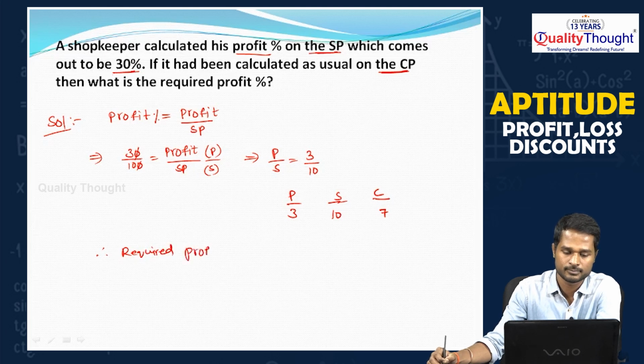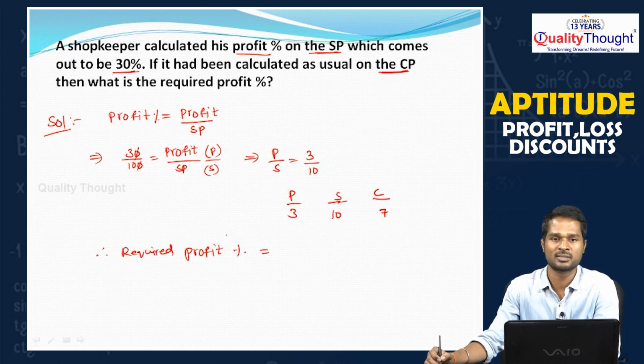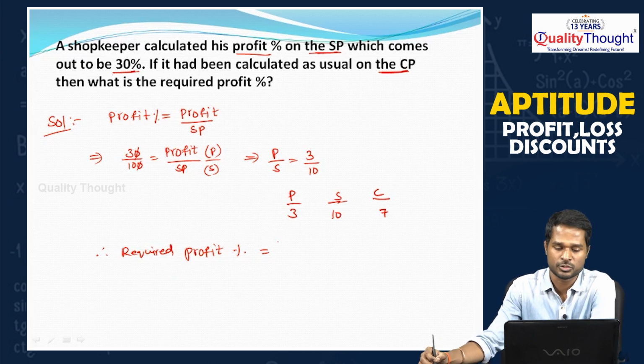Now, the required profit percentage. Required profit percentage means what the profit percentage is if you calculate the same value on the cost price as usual. Instead of using the selling price, how will you calculate the profit percentage? By using the cost price. So, profit is 3 by cost price 7, into 100.